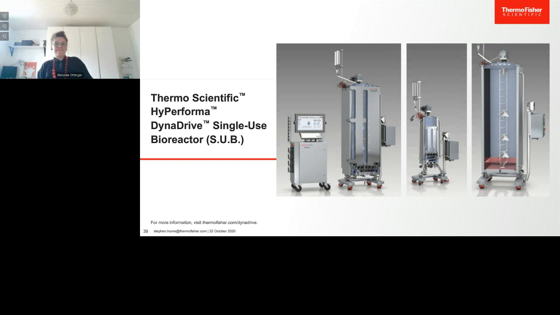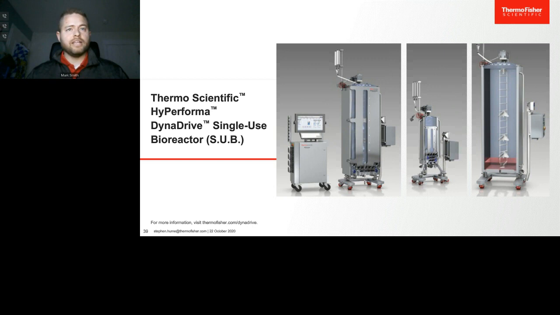Sure. Yeah. So there's, of course, hopefully with most new products that are really trying to provide the next level of performance and usability to customers, lots of features. But one of the ones I find the most exciting is really the turn down ratio. So for example, with a 50-liter DynaDrive that has a 10-to-1 turn down ratio, one could seed the reactor at 5 liters.